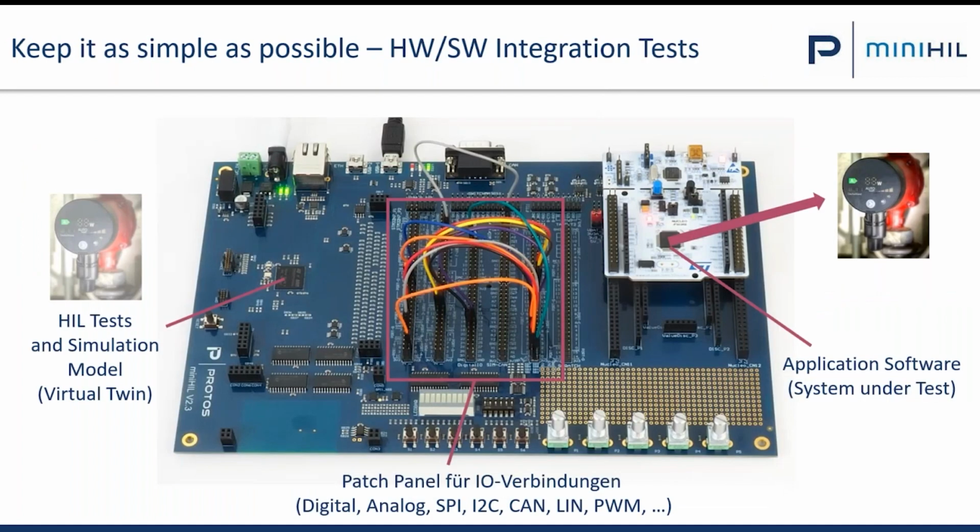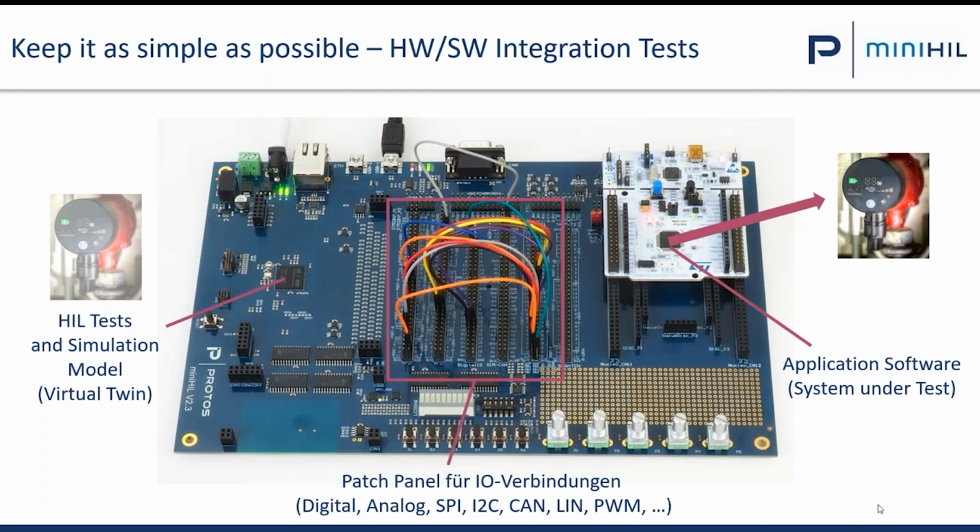Then the next level is the hardware-software integration test. Here we have our miniHIL system. It's very small. The goal is to test the microcontroller with the complete application software and all the drivers and so on by connecting the pins of the microcontroller to the test system. So those are the connections here. We connect, for example, PWM with a wire jumper here to the test system.